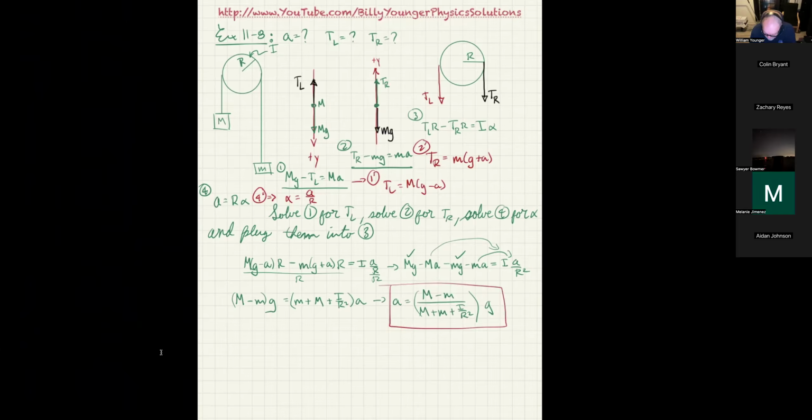Now, all you have to do is plug a into 2 prime and a into 1 prime to get TL and TR, so I'm going to leave that as extra credit. Don't forget to make sure you do that other example. I think it was 11.12, but make sure you do that and find TL and TR for extra credit.